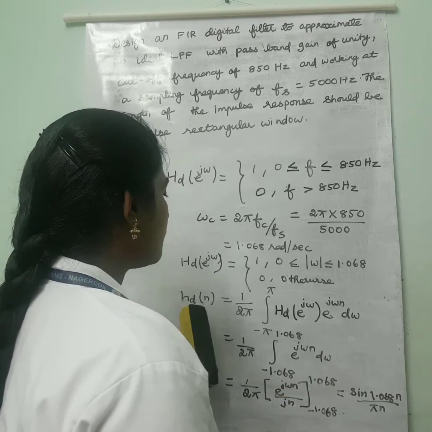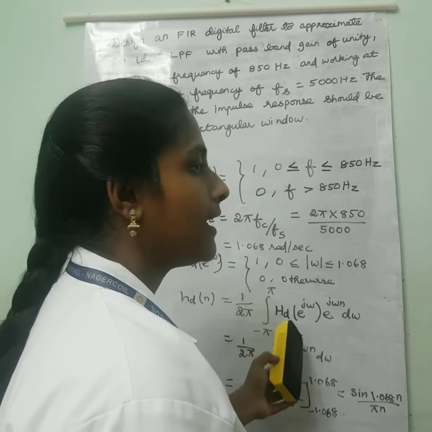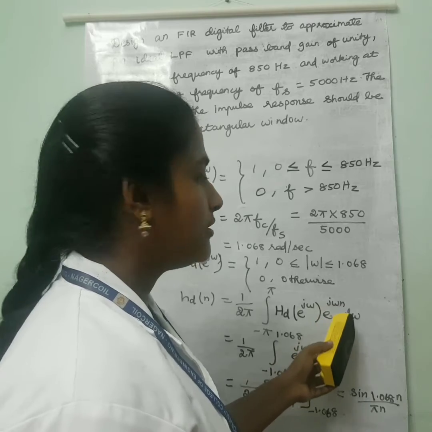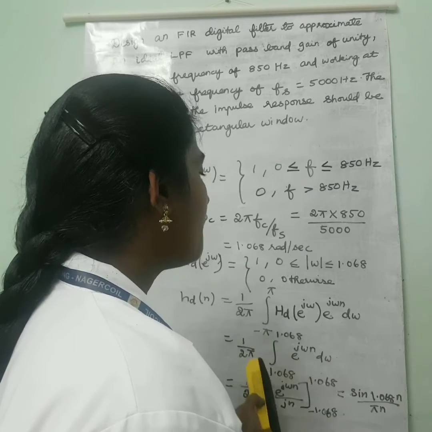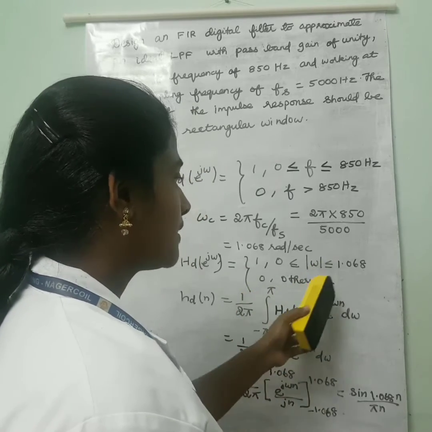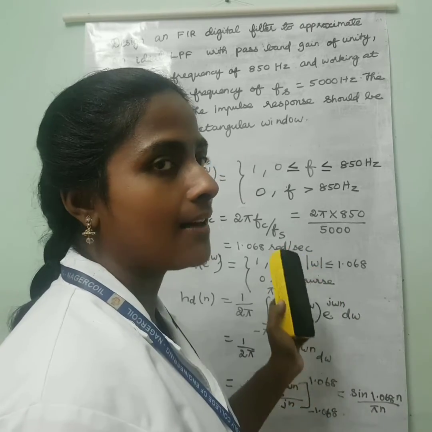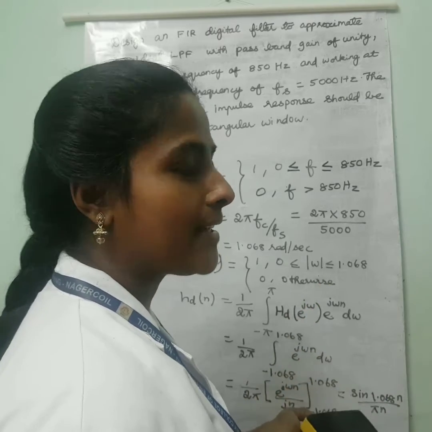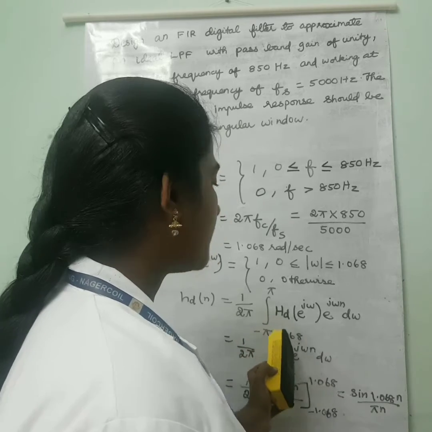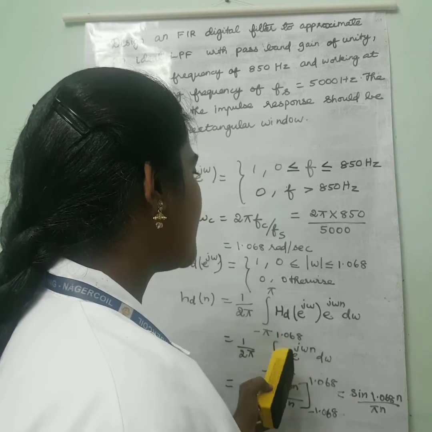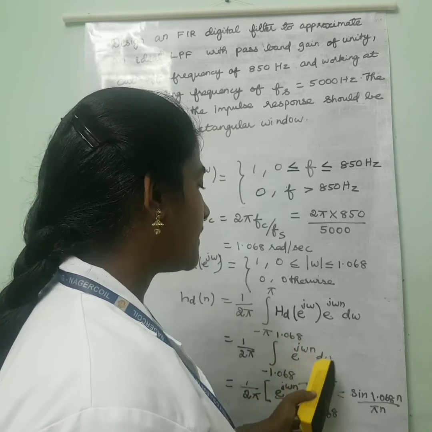So we can write the formula as hd of n is equal to 1 by 2 pi into integral minus pi to pi hd of e power j omega into e power j omega n d omega. You can write it as 1 by 2 pi into integral from minus 1.068 to plus 1.068, since a low pass filter is always from minus omega c to plus omega c, into e power j omega n d omega, as hd is 1.